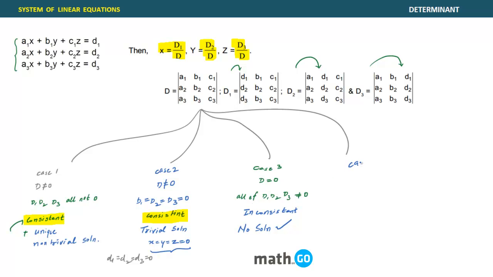Case 4 is the interesting case, which is in fact the least asked case in IIT JEE Mains or the boards, because it is a bit calculative. It says d is equal to 0 and d1, d2, d3 are all 0. There are two possible cases here.